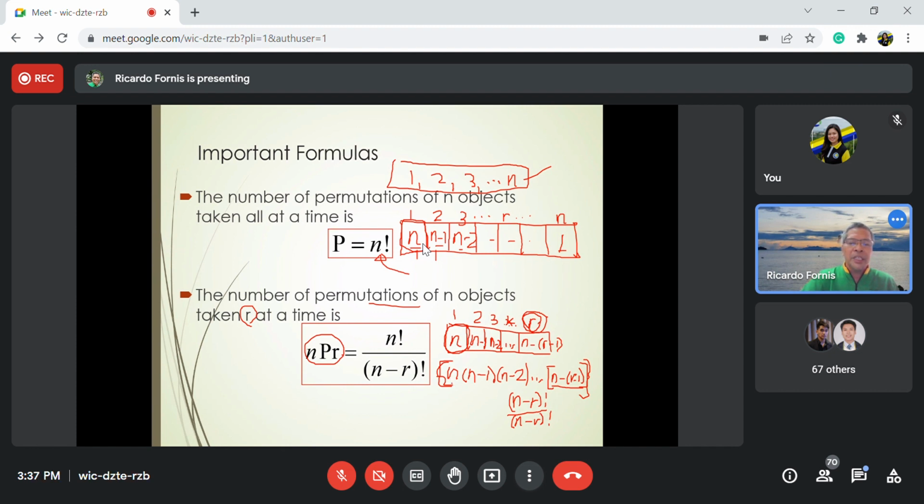The sequence n down to n minus R factorial is equivalent to n factorial, the one that we defined earlier. And in the denominator, we still have n minus R factorial left. Therefore, the formula now is the number of permutations of n objects taken R at a time is nPr, which is n factorial over n minus R factorial.